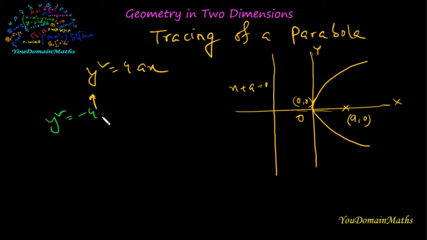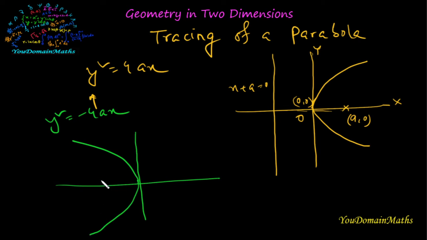Now for y square equals minus 4ax, the equation represents a curve where, for values of y, x is negative. So this figure is in this shape and also passes through the origin.